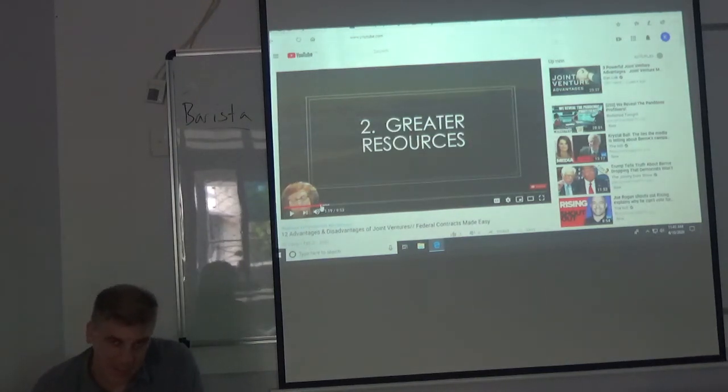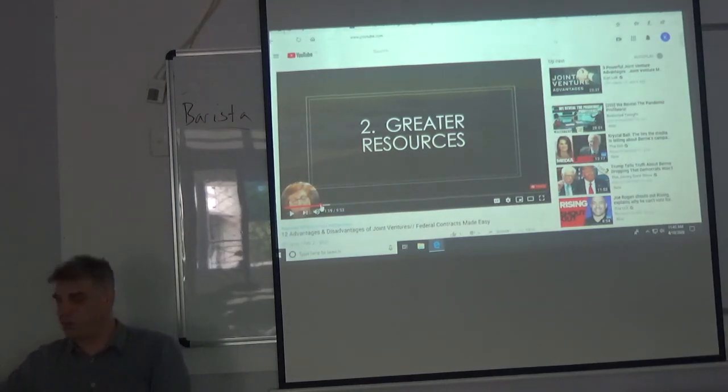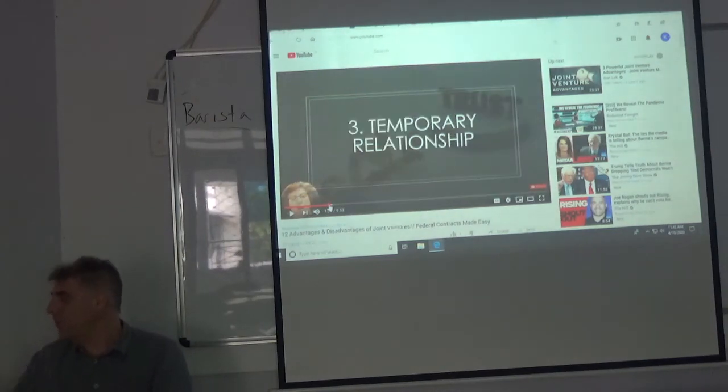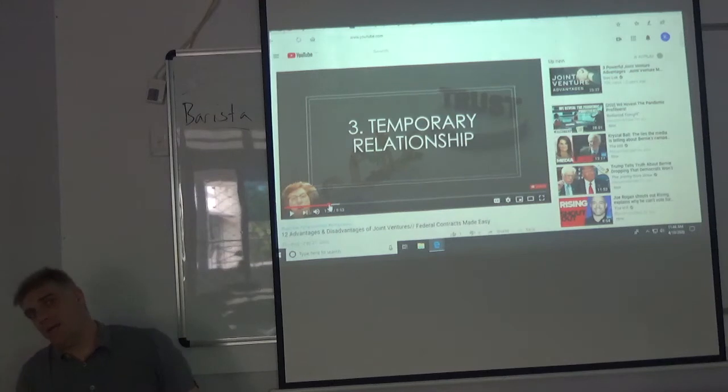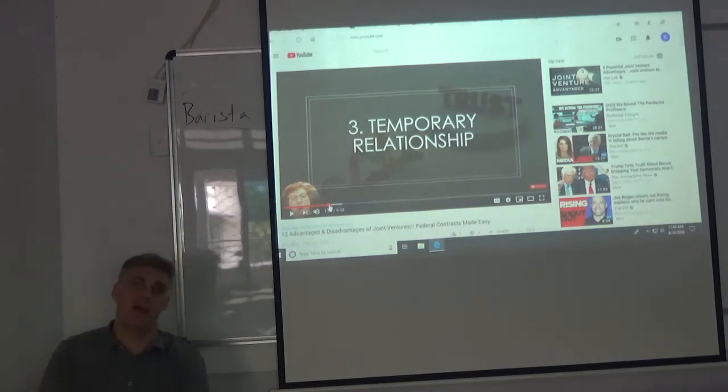Two companies coming together on a project obviously have more financial resources to share. A joint venture, if it's a project like the subway, has a completion date. So they can be temporary relationships, and therefore the long-term commitment is low. Although, if you're building something that's going to be ongoing, that might not be a bad thing too.